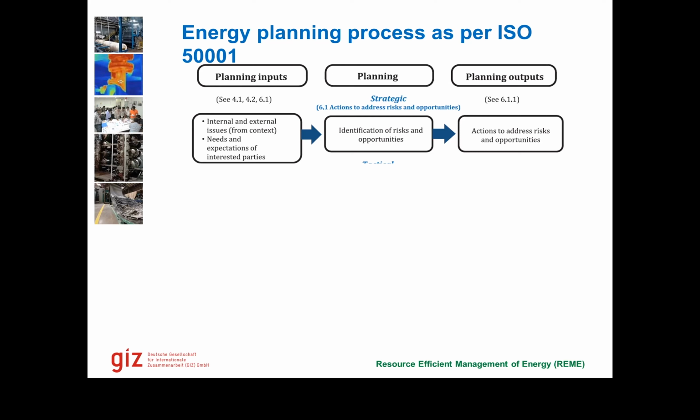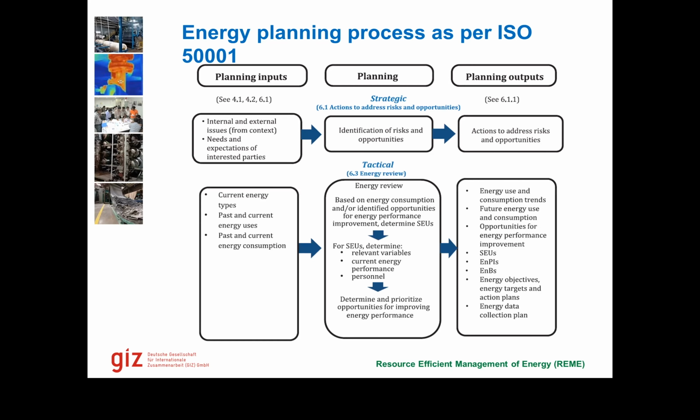For that, they need to understand what are the internal and external issues, what are the expectations of interested parties. We already discussed this earlier. And then they need to make an action plan to address these strategic level issues. But then there is a tactical level as well, where we do an energy review. As Hung said earlier, we do an energy review with the factory.